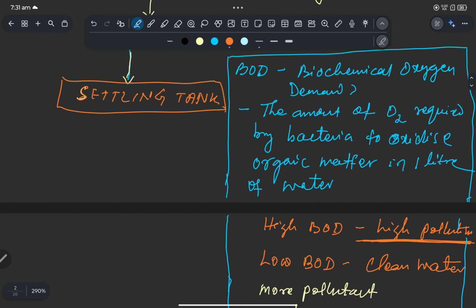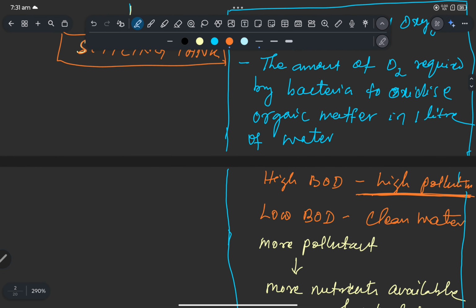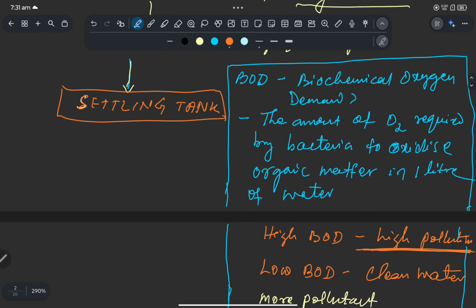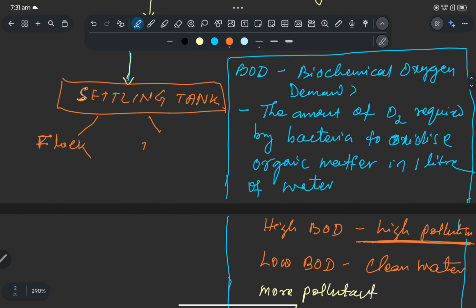The effluent that is treated by the aerobic bacteria. Now what happens here? Two things are there: the floc and the sediment.